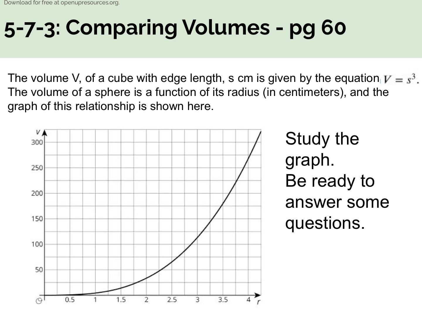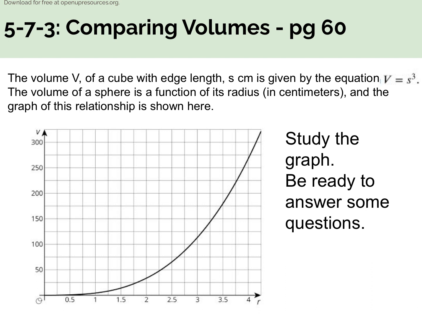All right, let's turn to page 60. On page 60, the volume V of a cube with edge length S in centimeters is given by the equation V equals S cubed. The volume of a sphere is a function of the radius in centimeters, and the graph of this relationship is shown here.